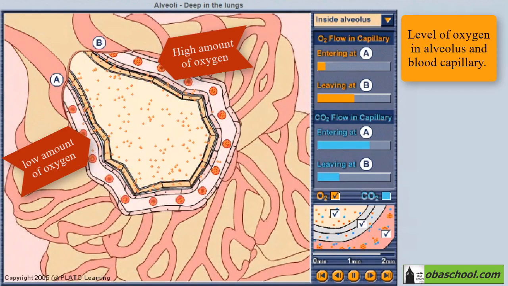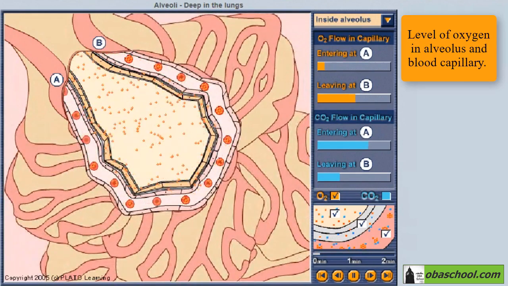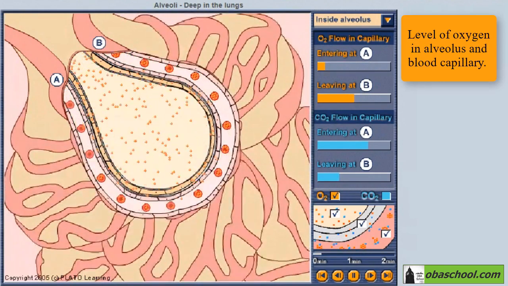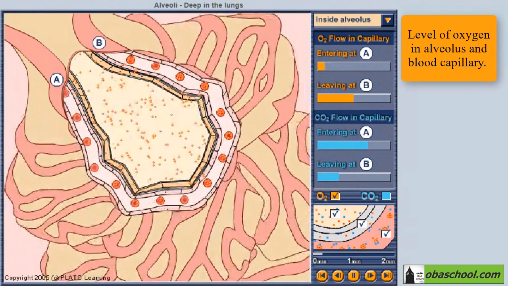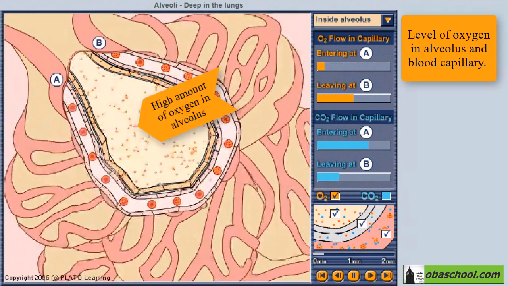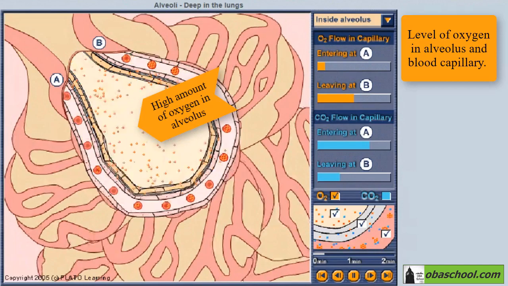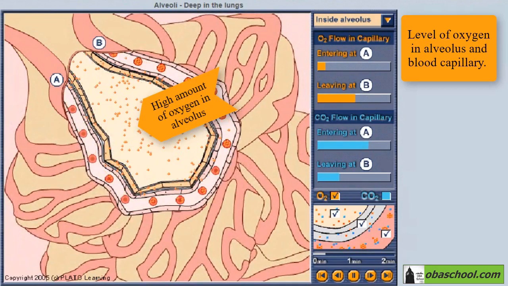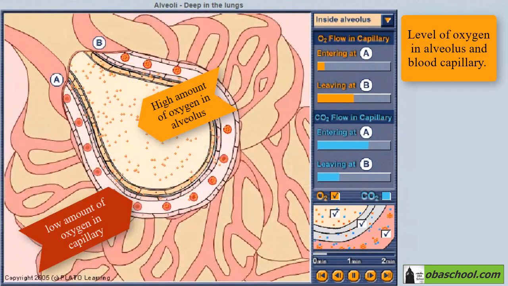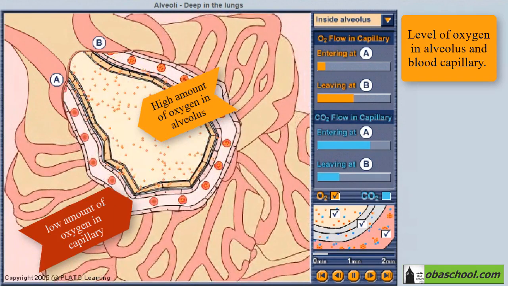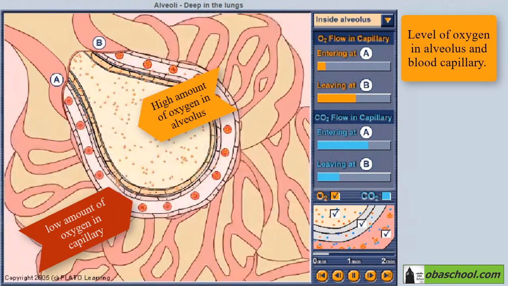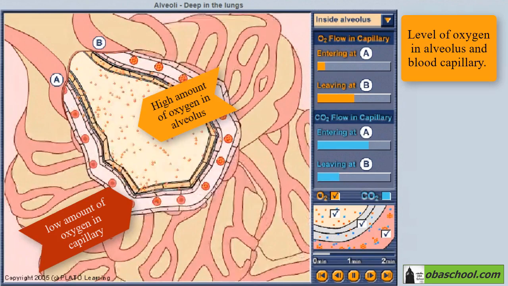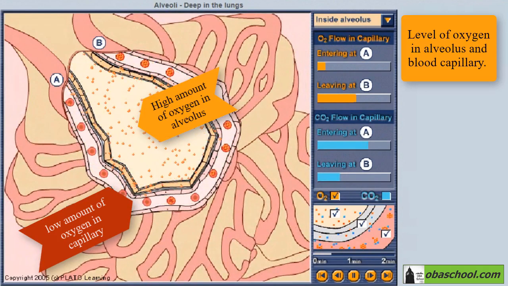So what does that mean? Here's a hint. The level of oxygen molecules entering the alveolus is much higher than the level of oxygen molecules present in the blood capillary at point A, which means that a concentration gradient of oxygen is created.